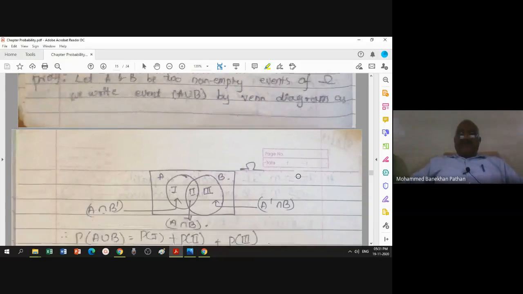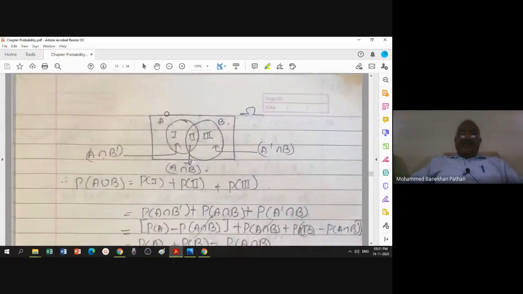We assume the rectangle as complete sample space. In mathematics language, it is the universal set. In statistics, we label it as a sample space omega. This is a circle which shows A, and this is another circle which shows B.